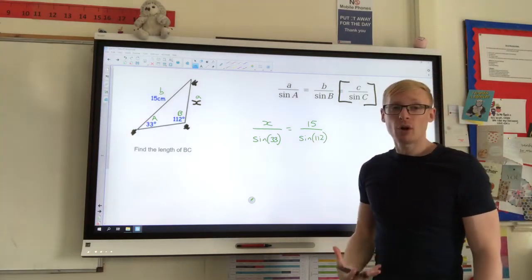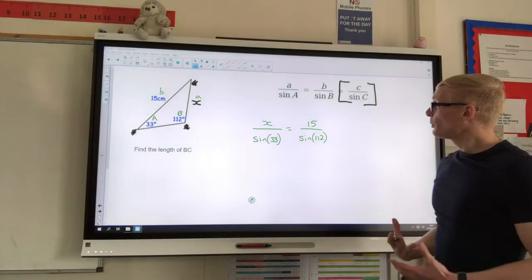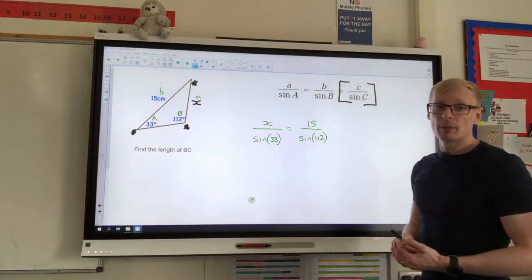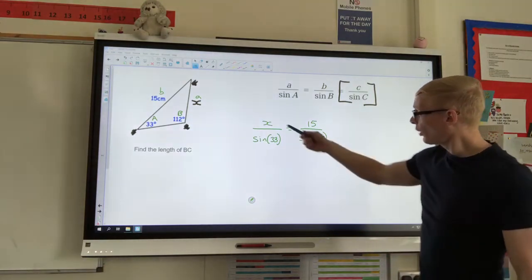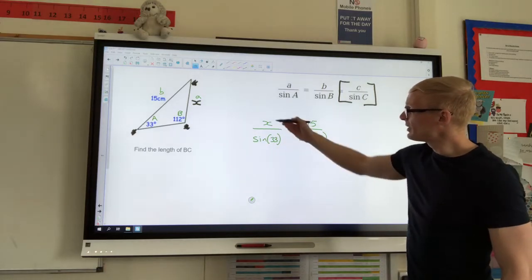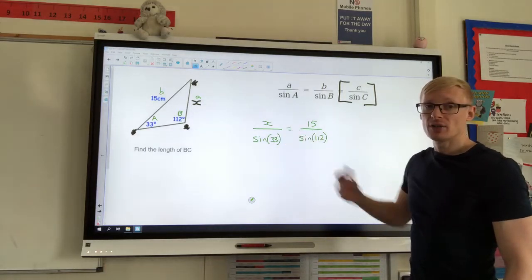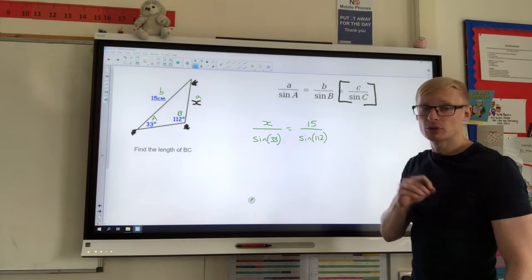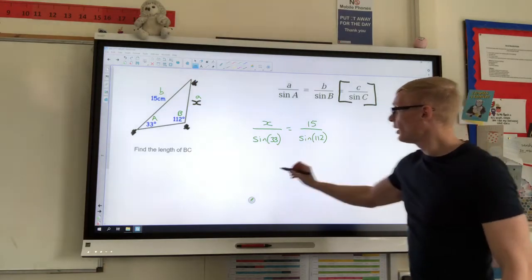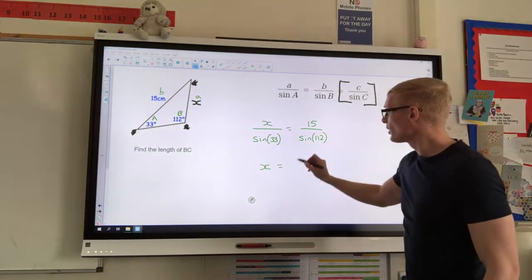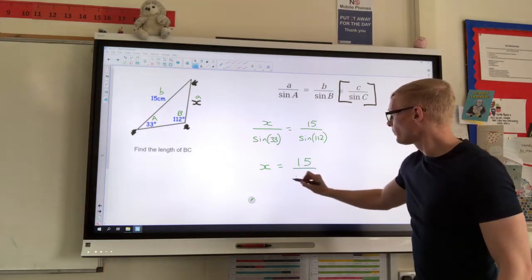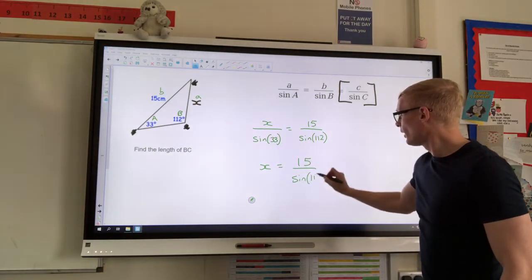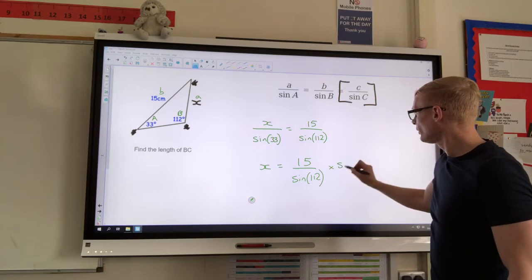So we've set up the sine rule now. The next part is about rearranging before we start typing things into our calculator. So if I wanted to get x on its own here, x is being divided by sine 33. So to get rid of that, I need to multiply by sine 33. So I'm going to multiply both sides by sine 33, and I'm going to write it like that.